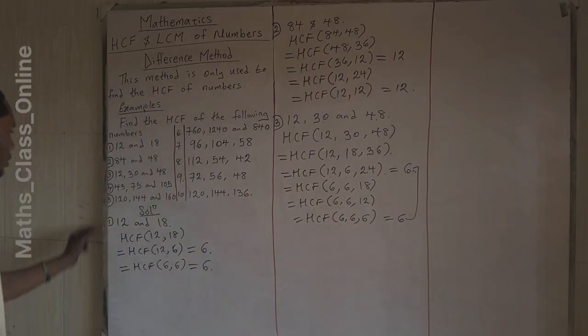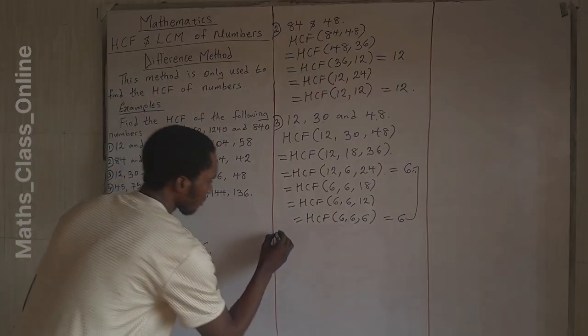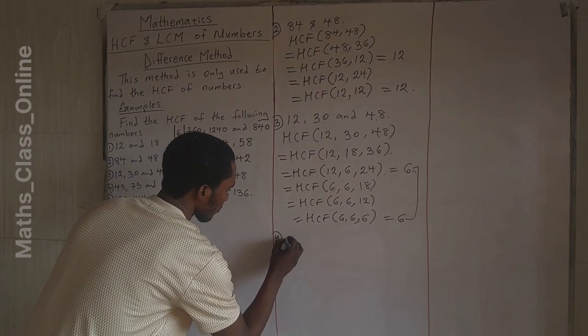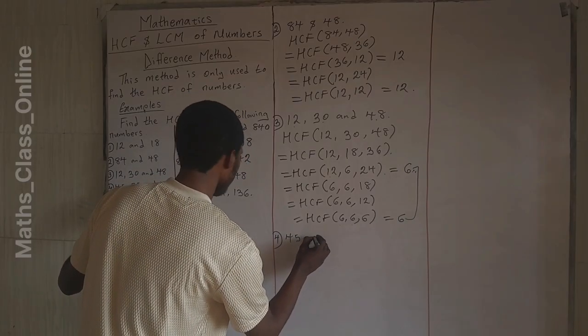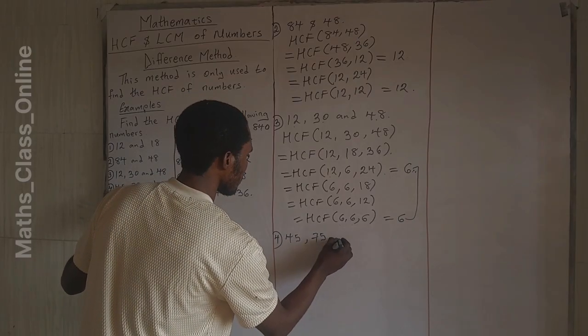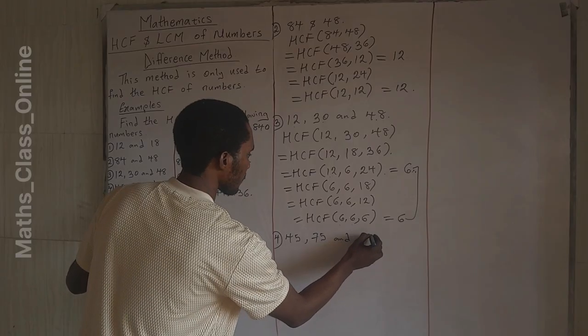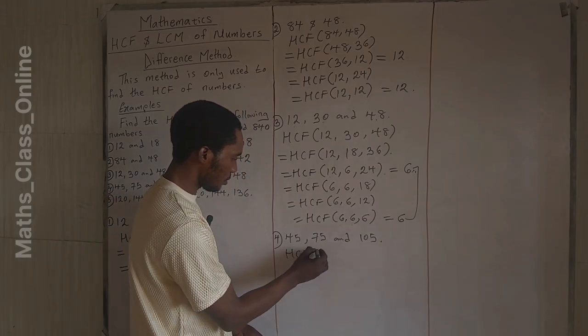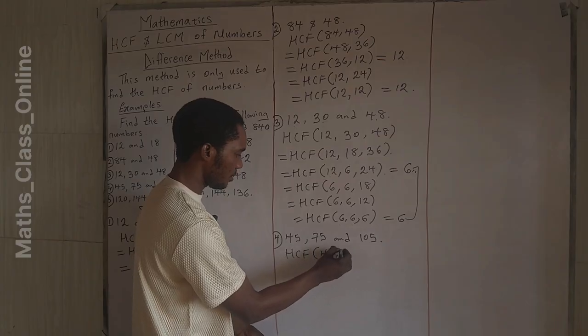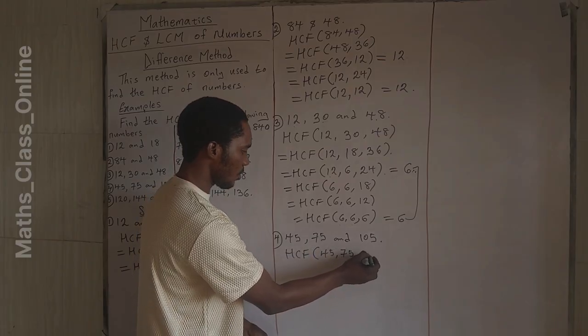Example 4. Highest common factor of 45, 75, 105.